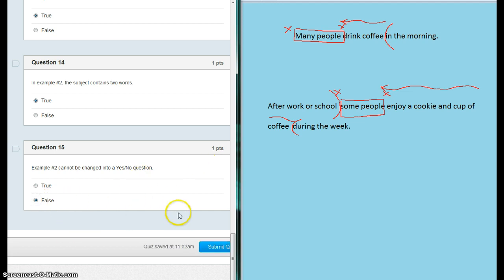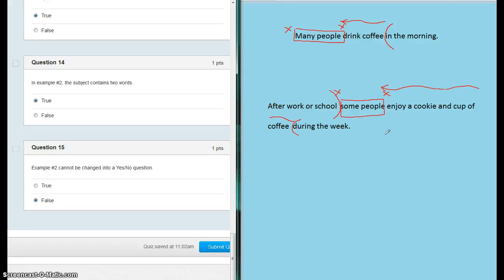Definitely false. Every sentence has three forms. It can be affirmative, like our sentence here, some people enjoy a cookie and a cup of coffee. It could also be negative, some people do not enjoy a cookie and a cup of coffee.